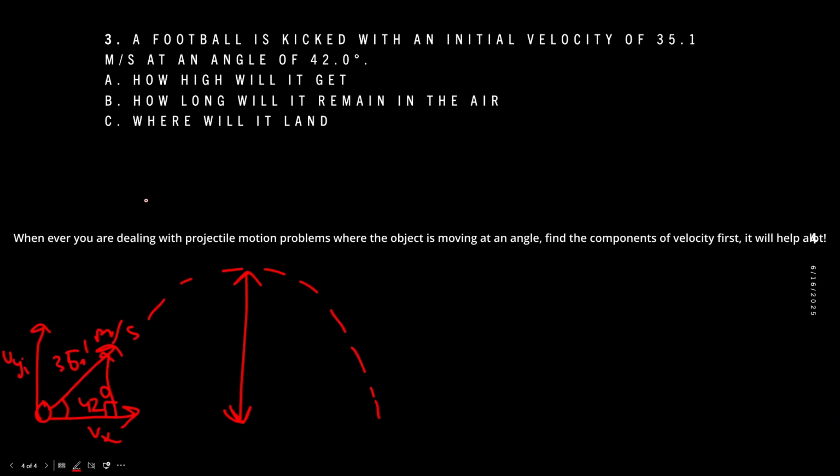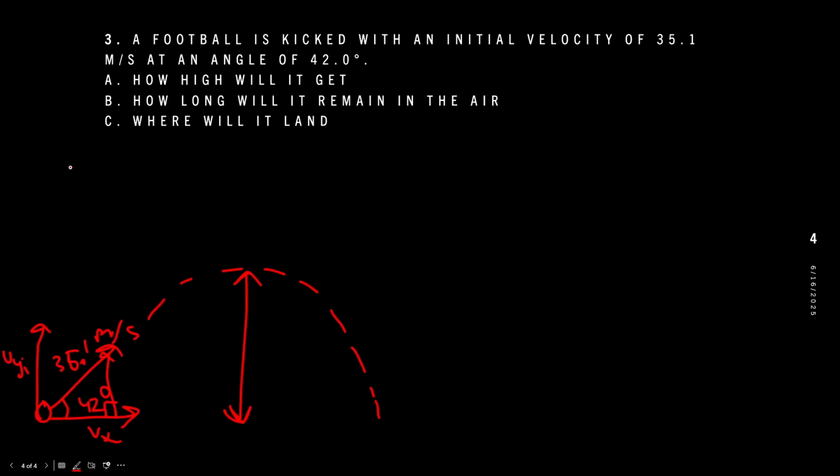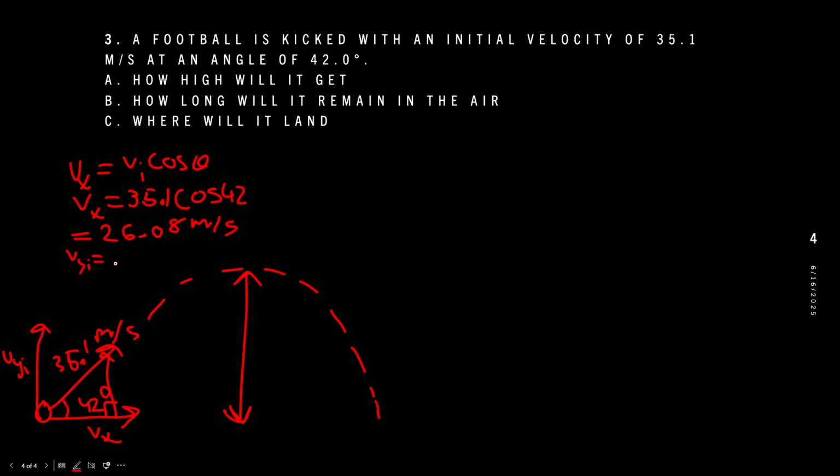So for Vx, we could say Vx equals Vi times cosine theta, because cosine is adjacent over hypotenuse. And then we could plug in Vi equals 35.1 times cosine 42. Then we get that to be 26.08 meters per second.